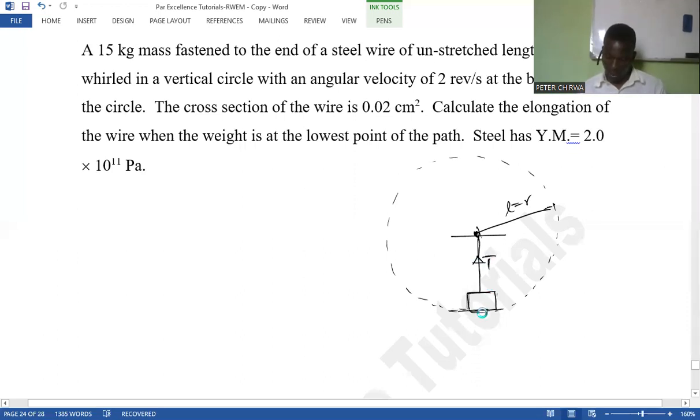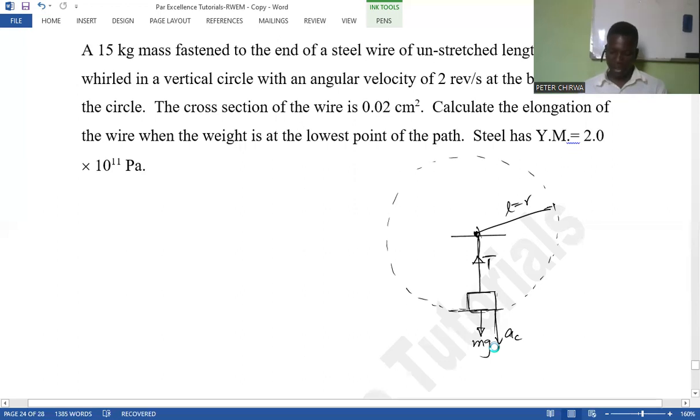And then we also have the weight of this mass, 15 kg. And then we have also motion in this direction, and this motion is basically the centripetal motion here.